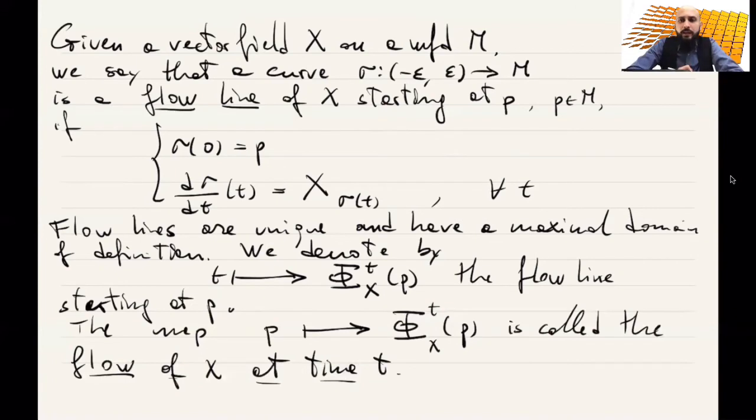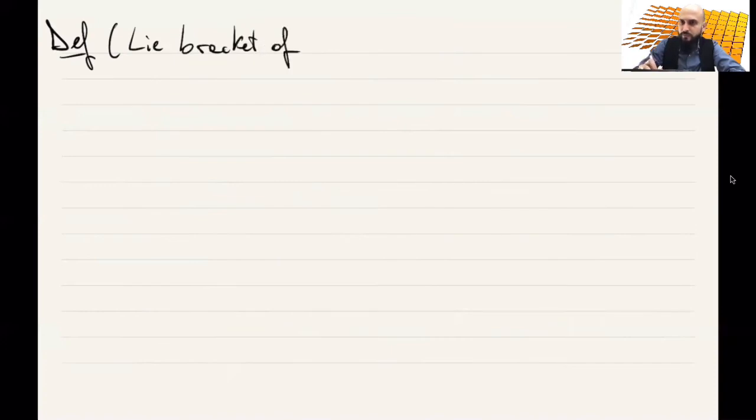Okay, now we are going to discuss the definition of Lie brackets of vector fields, and I will give several definitions, and some of them will use the notion of flow. Lie brackets will be very important in sub-Riemannian geometry. So the bracket of vector fields.